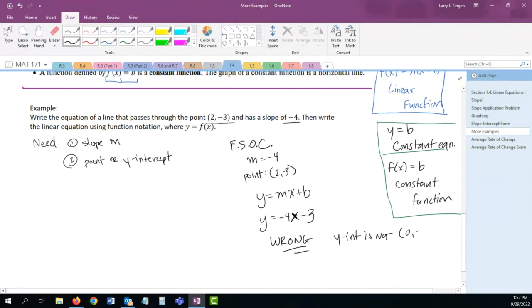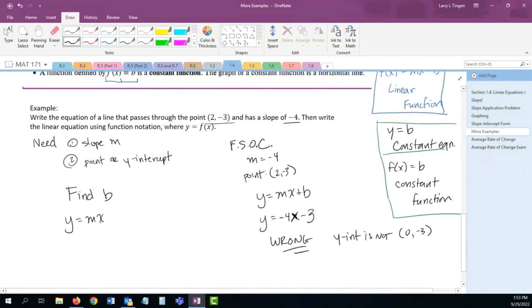It is not 0, negative 3. How do I know that to be true? Because I get negative 3 when I plug in 2. So I can't use that. All right? So what do I need to do? I need to find b.